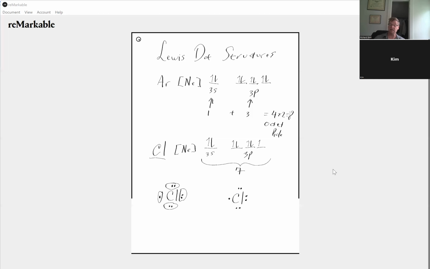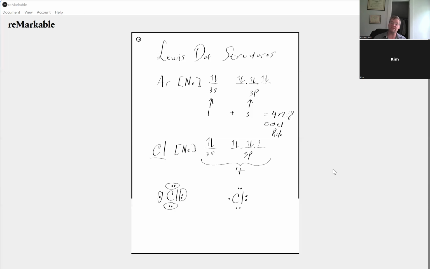Now, like I say, that unpaired electron doesn't matter where you put it. In fact, it's going to be easier when we do more complex Lewis dot structures to be able to move that unpaired electron around. So it doesn't matter where you put the unpaired electron. Maybe in your notes you put it on the top or on the bottom. Wherever you put it, it's fine.